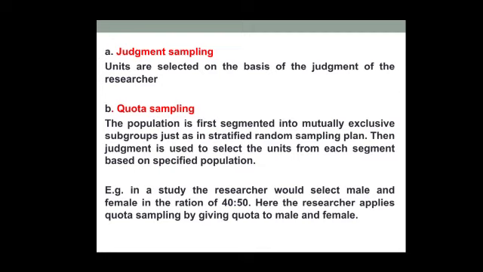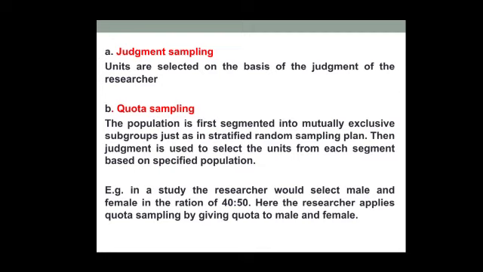So here the researcher applies some quota. Suppose out of 100, 30 may be girls and 70 may be boys, something like that. For example, in a study, the researcher would select males and females in the ratio of 40:50.